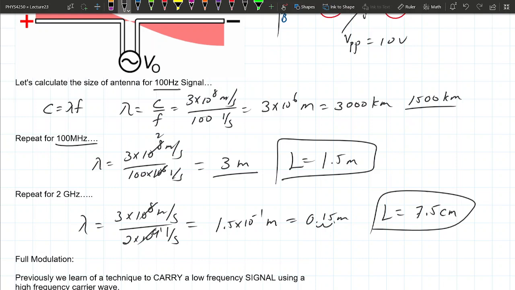And with all these frequencies I'm talking about, you can use a carrier signal with a carrier frequency of 2 gigahertz, even if I'm sending information only at 100 hertz. And this is the idea of modulation.